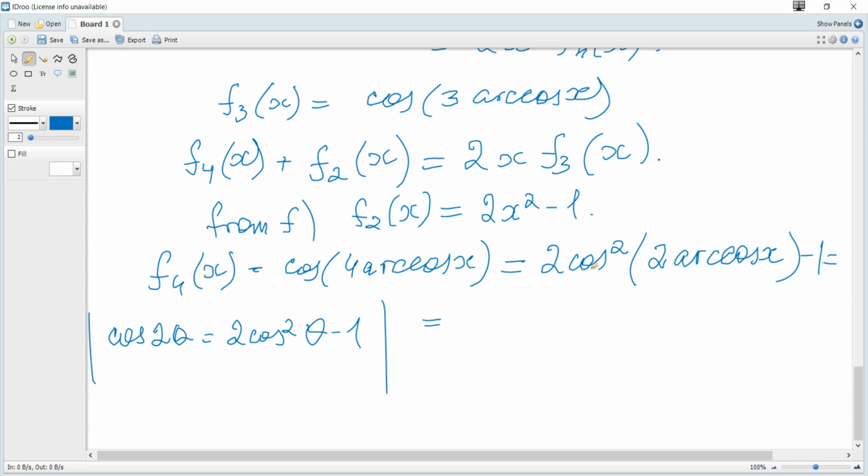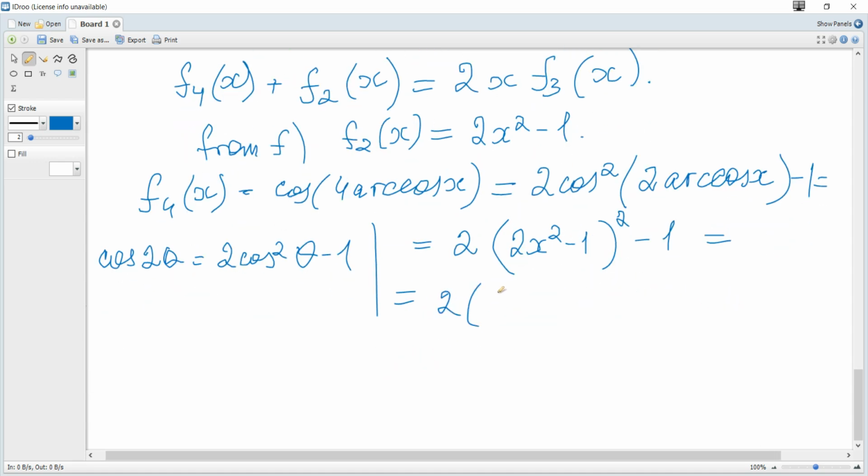But what is the cosine of 2 arccos x? It's actually f2(x), because n is 2, and this cosine is 2x squared minus 1, but it must be squared and minus 1. Let's expand it: it becomes 2 times 4x to the power of 4 minus 4x squared plus 1, minus 1, and it becomes 8x to the power of 4 minus 8x squared plus 1.